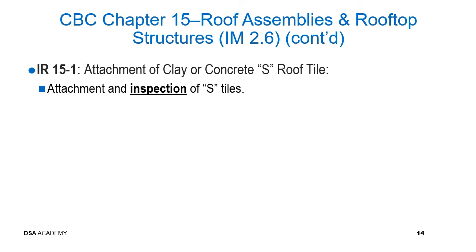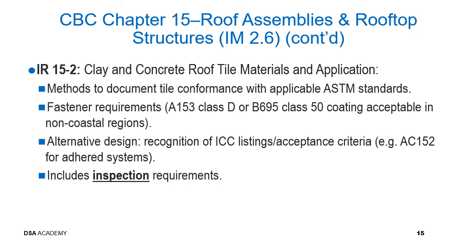This IR is limited to maximum allowable stress design wind speed of 85 miles per hour and maximum mean roof height of 60 feet. IR 15-2 more broadly talks about materials and application of clay and concrete roof tile, including material qualifications, attachment systems, installation, inspection, and testing.